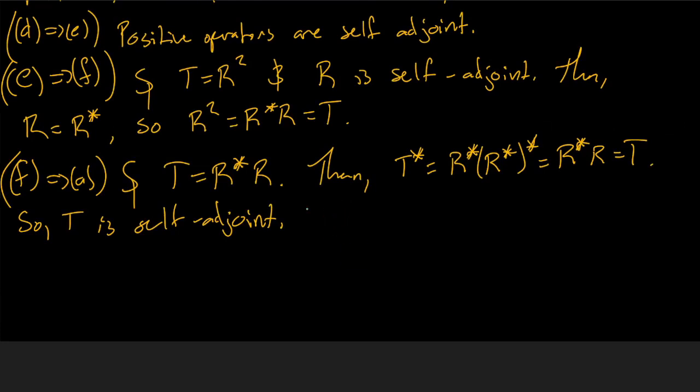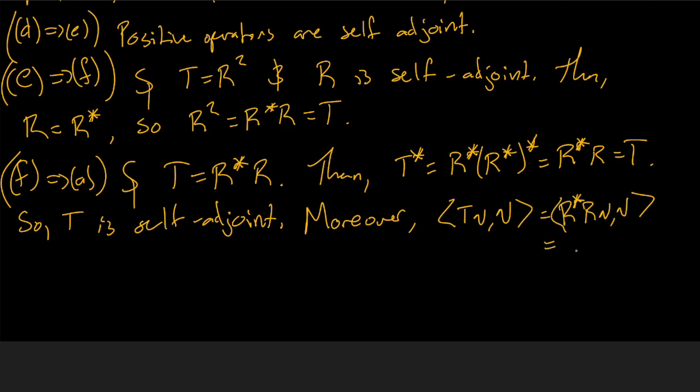Whoa, my tablet is lagging out. Moreover, the inner product of Tv with v is equal to the inner product of R star R v with v, which, just using properties of adjoints, how do you flip it over into the second argument? You star it. And if you double star it, it's the same as taking the star off. So we get the inner product of Rv with Rv, which is the norm of Rv squared, which is necessarily greater than or equal to 0.